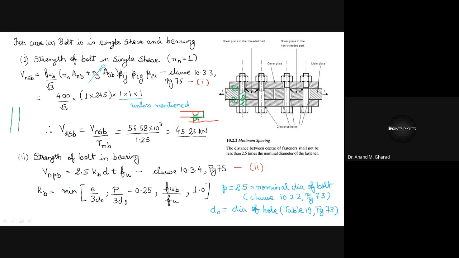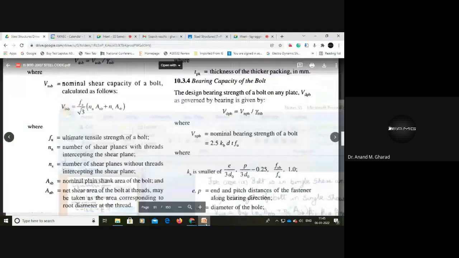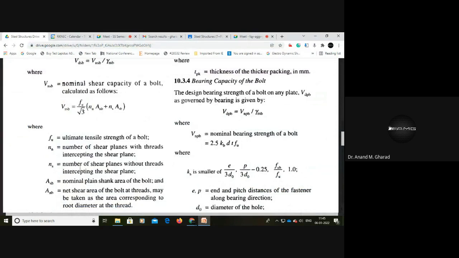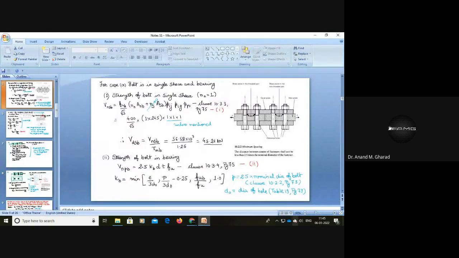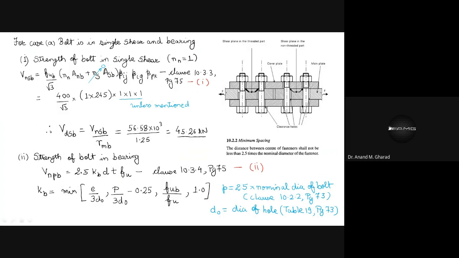Whereas, what does it say for NS? Number of shear planes without threads intercepting the shear plane. So over here, this shear plane, which is not intersecting any thread, that will become your NS value. And therefore, you will see that in this particular case, the NN value is 1 and the NS value is also 1.